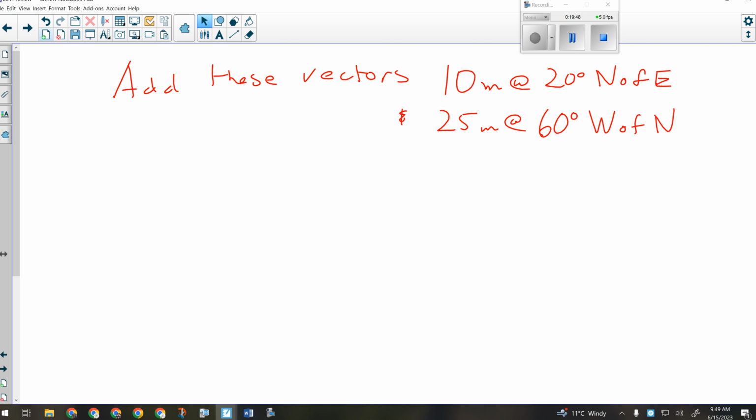Yeah, try that. I'll give you a minute to get the diagram drawn, then I'll draw it. So if we're looking at a vector diagram for this one, we'll have our first vector going north of east, so my reference line is east, and I'm going to go 20 degrees north of that for 10 meters.